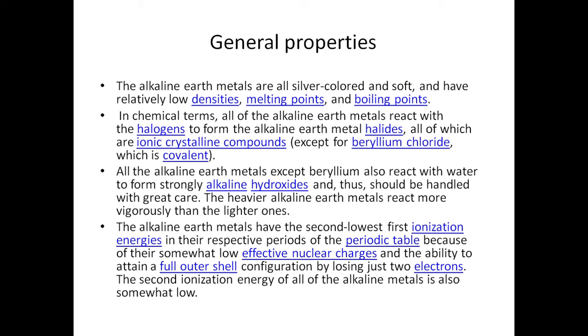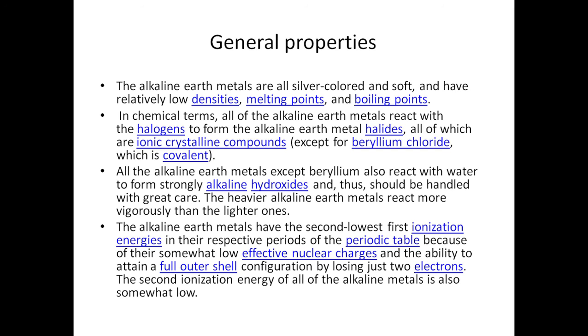The alkaline earth metals have the second lowest first ionization energies in their respective periods of the periodic table because of their very low effective nuclear charges and the ability to attain a full outer shell configuration by losing just 2 electrons.